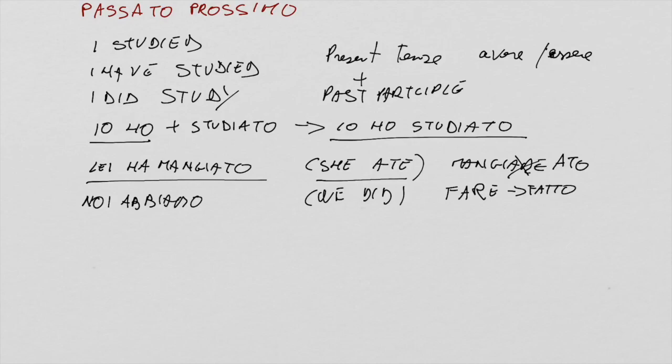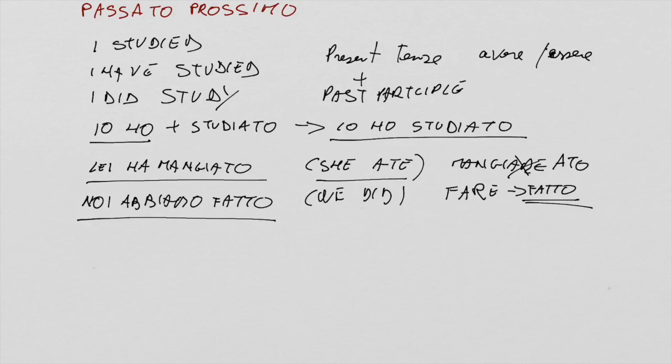Since fare is an irregular verb, you must remember that the past participle is fatto. Then you combine with the first part of the passato prossimo, noi abbiamo, and the result is noi abbiamo fatto.